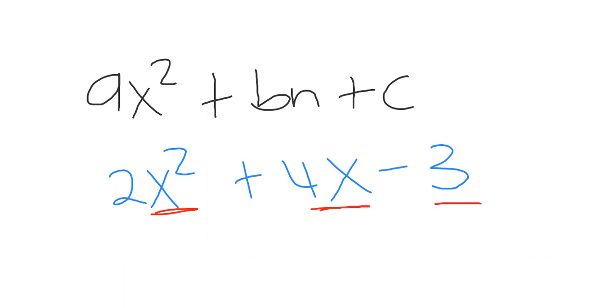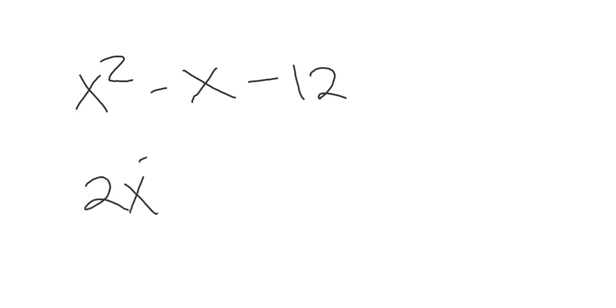Now, for the purpose of factorizing a quadratic expression, I'm going to classify our expressions into two. So I'm going to give you 2 examples. Let's say the first example, we have this expression, and the second example, we have this expression.